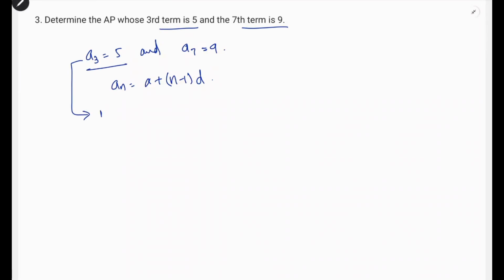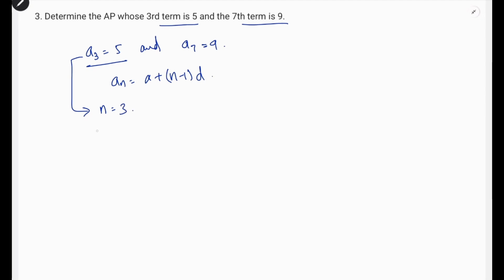A3 is equal to 5, here n is equal to 3 and we will substitute: an equal to a plus n is 3 minus 1 into d. A3 is equal to 5 is equal to a plus 2d, right?